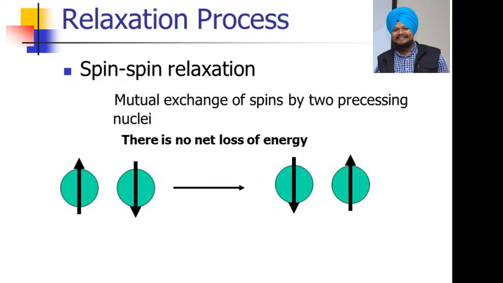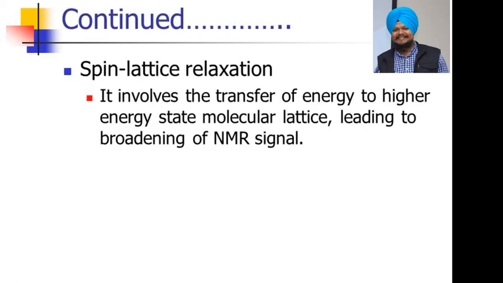That is an important parameter, because with the help of the spin relaxation process, one may get the peak in NMR spectroscopy. So what about spin lattice relaxation? In spin lattice relaxation, there is a lattice energy level, and it will exchange energy with the spin. That means there is no lengthening or broadening of the NMR signal.